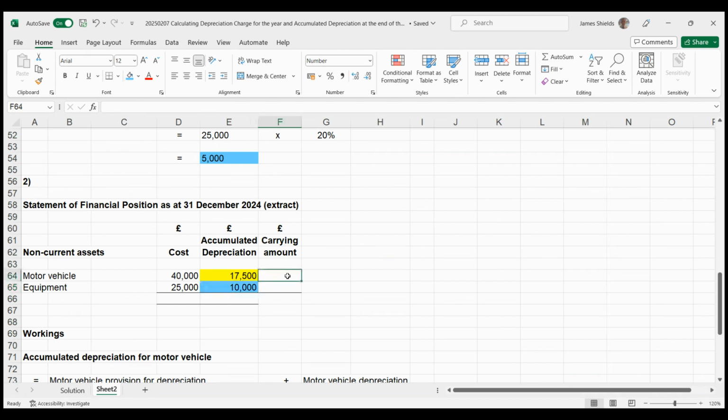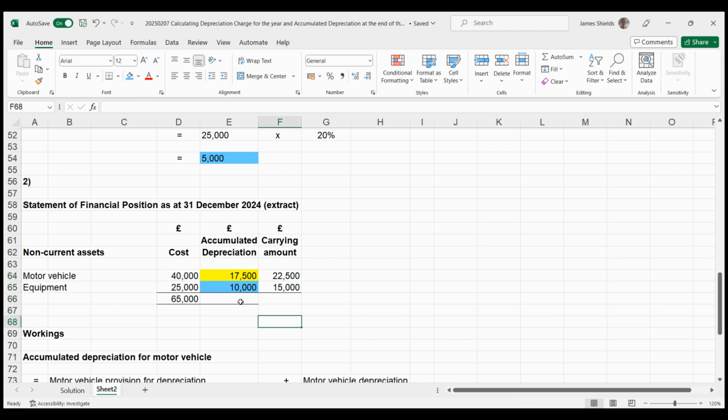Now the carrying amount, that's your cost of 40,000 for the motor vehicle. Take away your accumulated depreciation of £17,500, which is going to give us £22,500. For equipment, the carrying amount, it's a 25,000 cost. Take away the £10,000 accumulated depreciation, that's going to give us £15,000 carrying amount. So now we just need the totals for each column. The total cost is going to be £65,000, 40,000 plus 25,000.